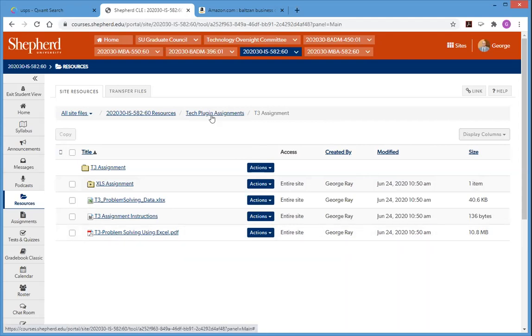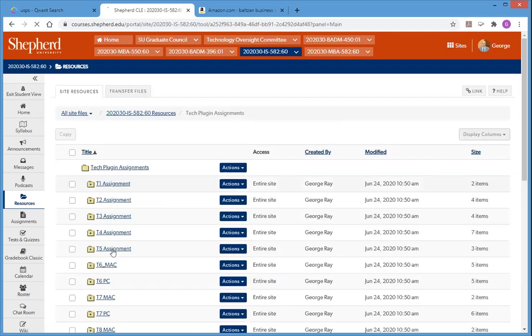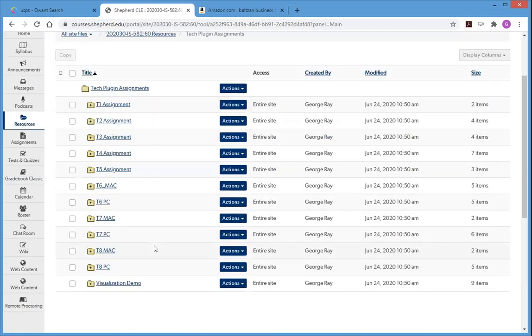So again, for each one of those weeks, we're going to have a folder with the reading material and any data sets you'll need. Now, notice that once we get into database technology, we are going to split the class into Mac users and PC users. The reason is the textbook uses Microsoft Access, and unfortunately, Microsoft Access does not work for Macintosh.